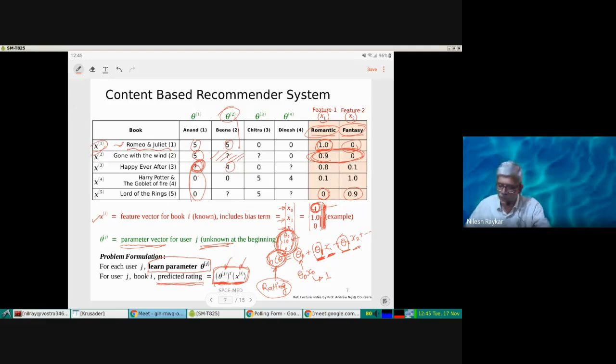The rating predicted by our function, theta transpose x, minus the actual rating given for that combination gives us the error for that particular book. If you add all those errors, you get a total error which we want to minimize. That is what is defined in the next slide.